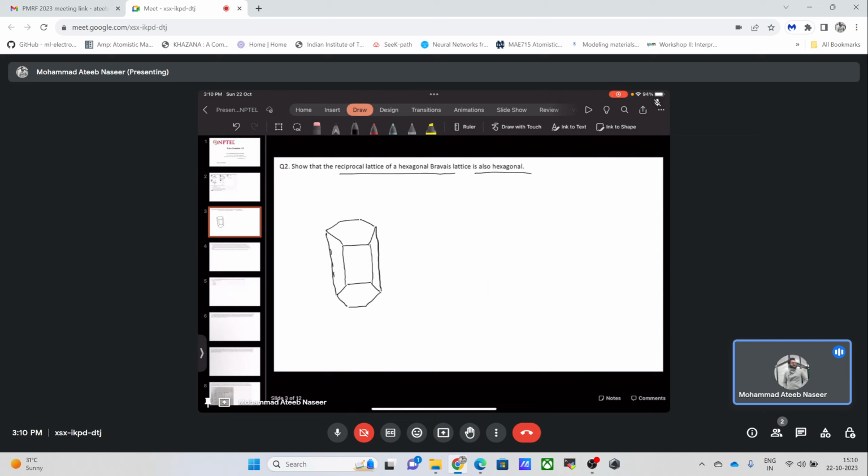So the lattice vectors are simply, if this is our z axis, this is our x, and let me keep this as y.